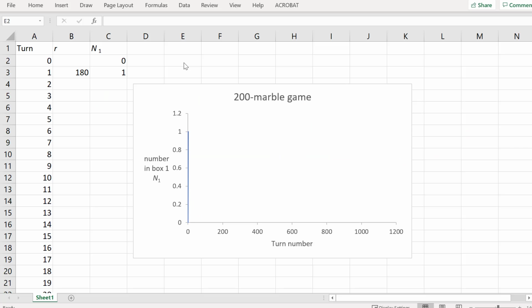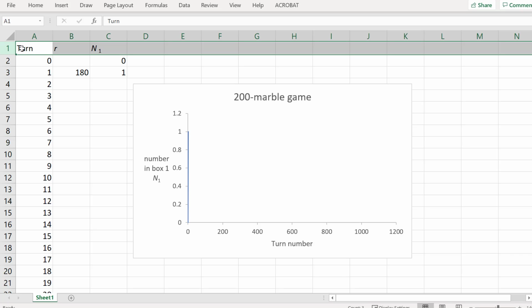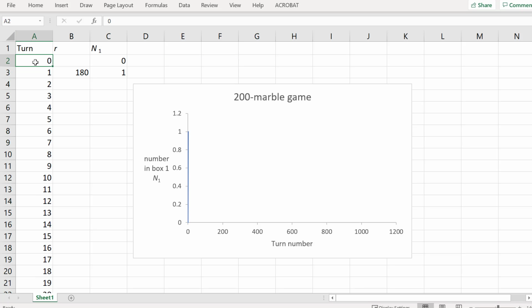So here's an example of the spreadsheet that students prepare. It has headings in row 1, and column 1 is just a count of turn, which is done by using the formula equals the cell above plus 1. Column B is for the random number, and it's calculated using the formula RANDBETWEEN(1,200).